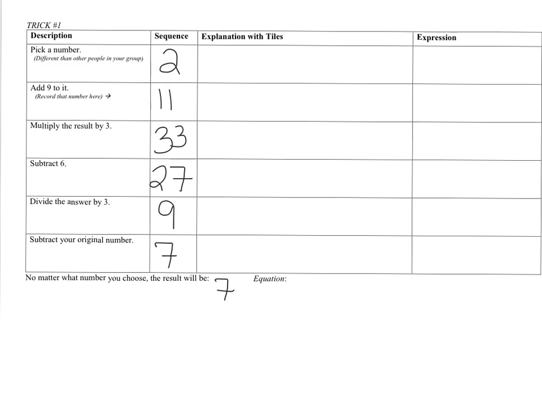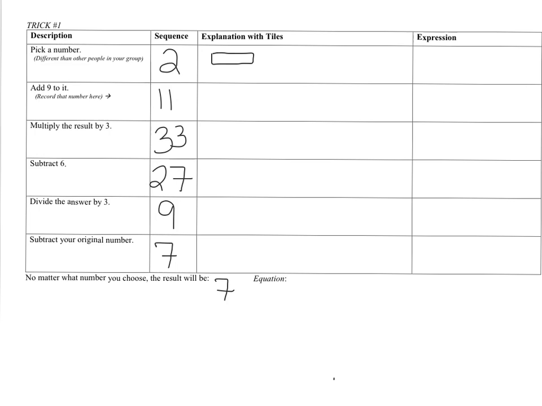And so we're going to visually see if we can figure out why this works using our explanation with tiles. At the same time, we're going to build onto an expression. So the second I asked you to pick a number, I have no idea what number you picked. So that is actually the X tile, right? Pick a number, we have no idea what that is.